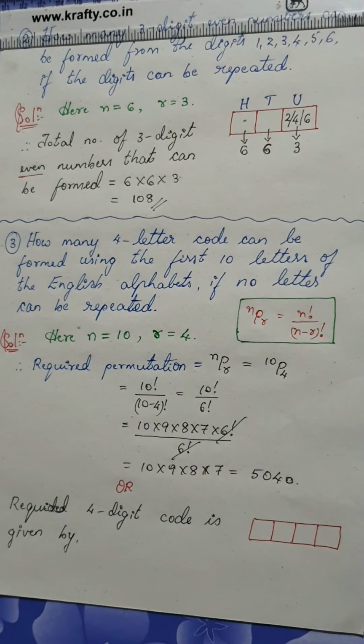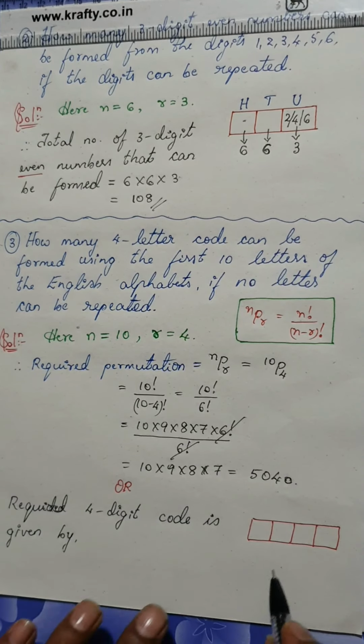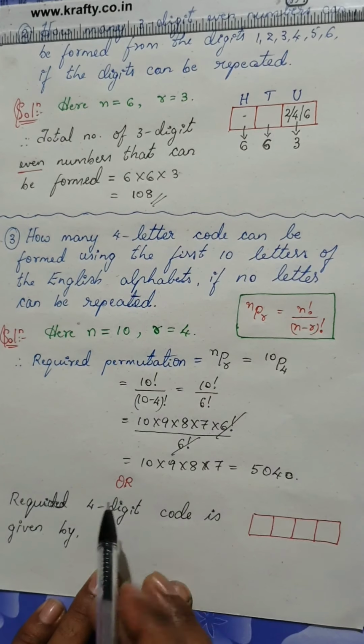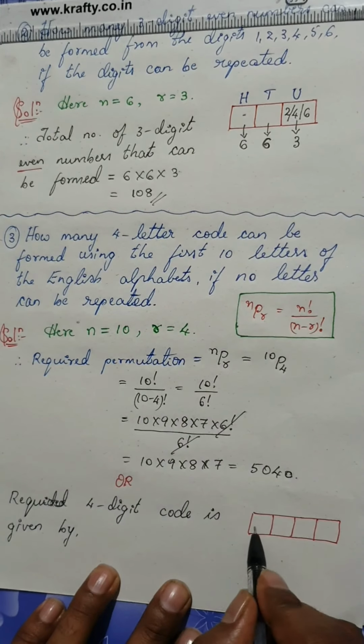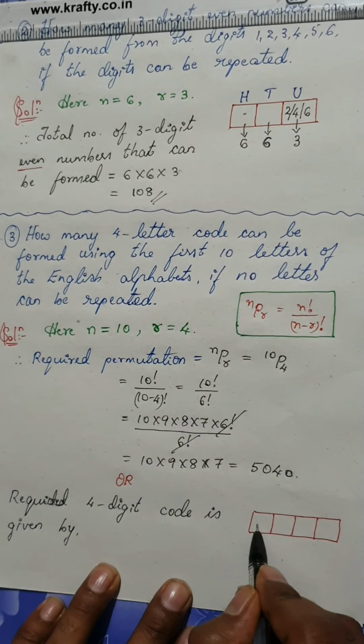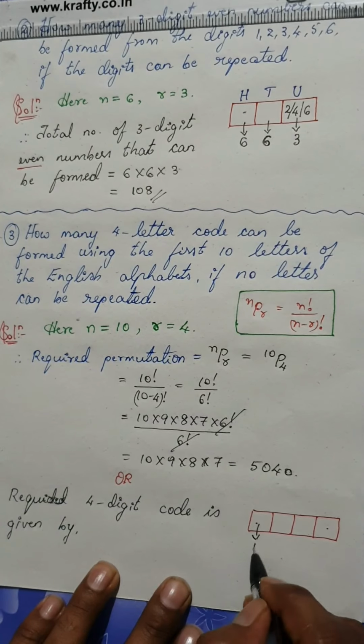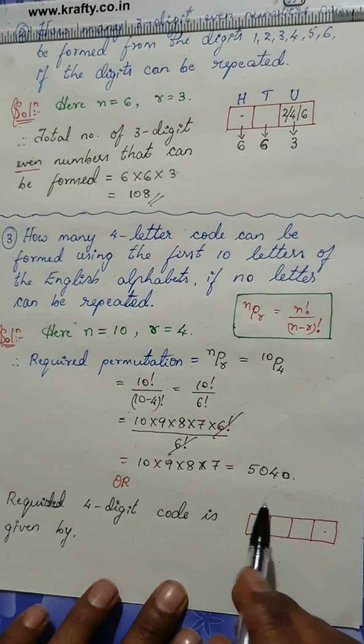Okay. Let us try the same thing by the fundamental principle of counting. Because this is coding, and it is taking the letters of the alphabet, you can start either from this place or from this place. Both are the same. So the first spot can be filled by any of the 10 alphabets.